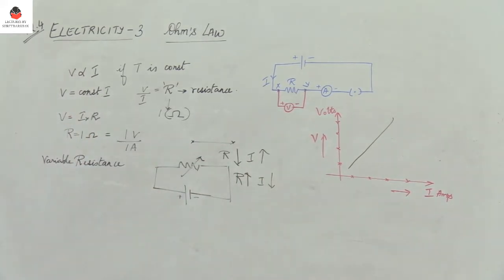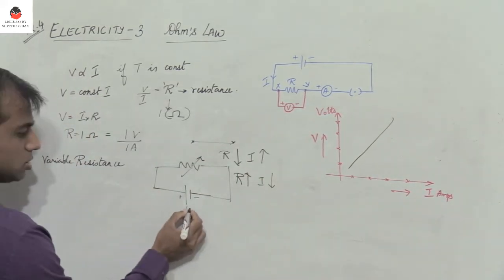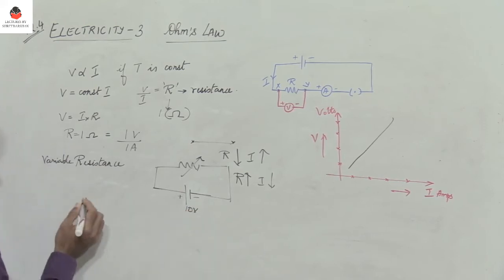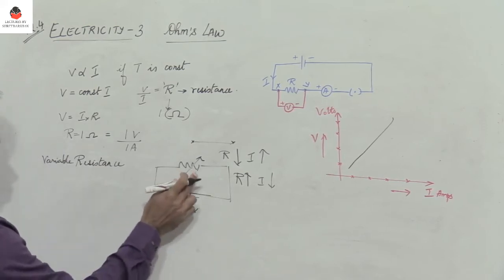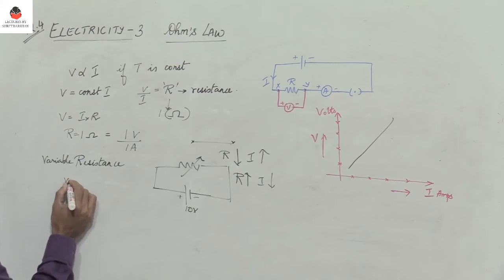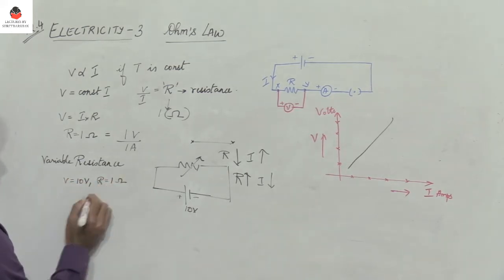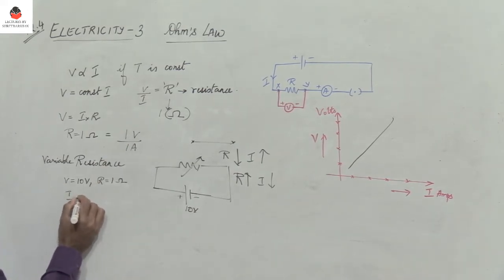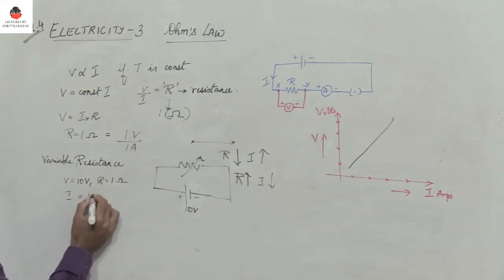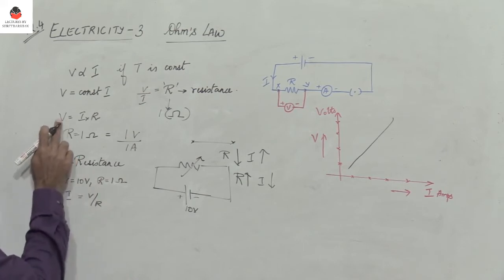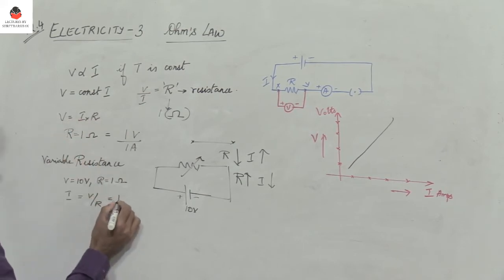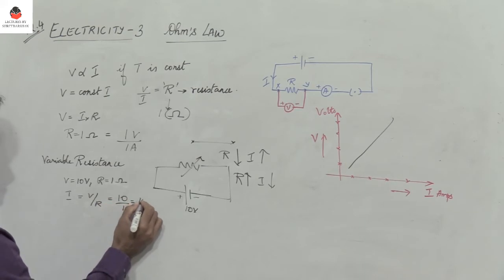So let's take a very simple example. If the voltage is 10 volts and R is 1 ohm, what is I? I equals V by R. So from this expression, I equals V by R. So it is 10 by 1, which is 10 amperes.